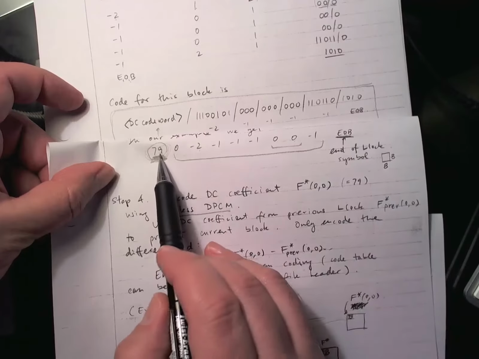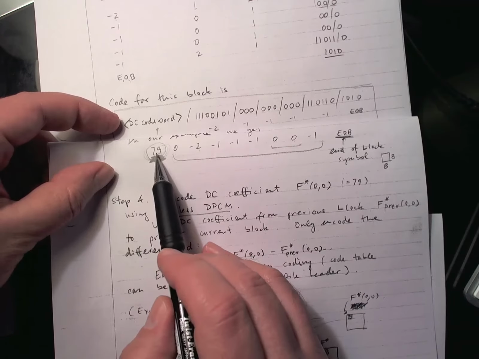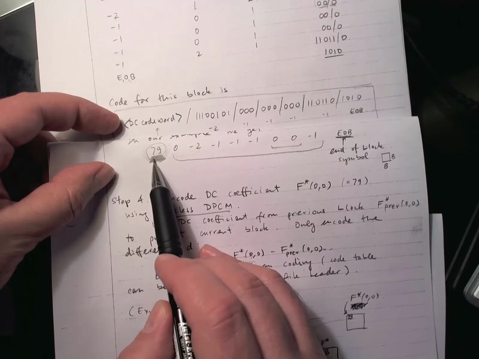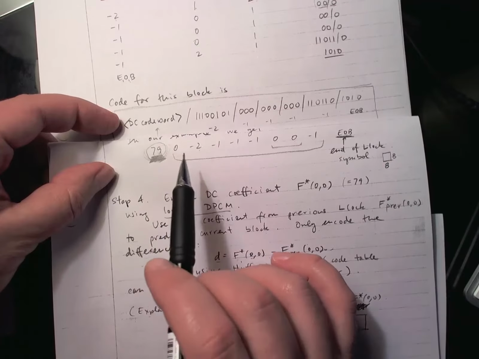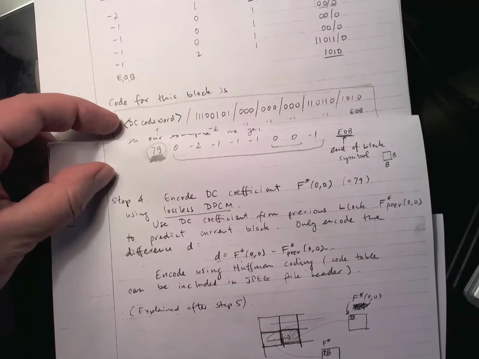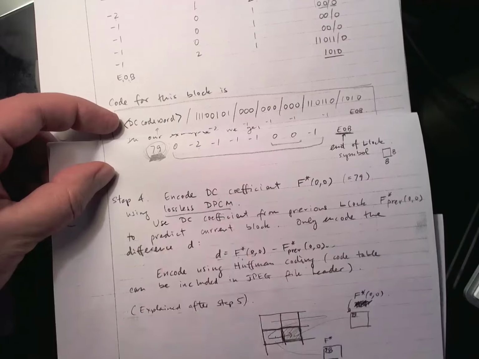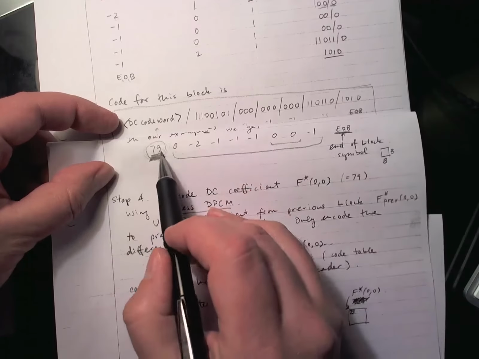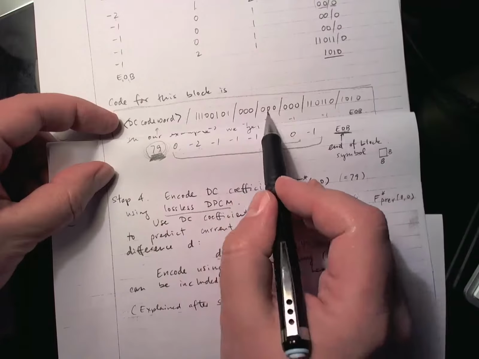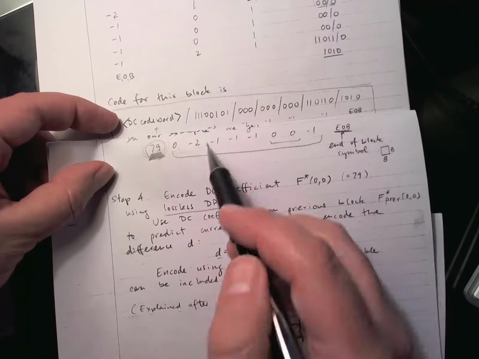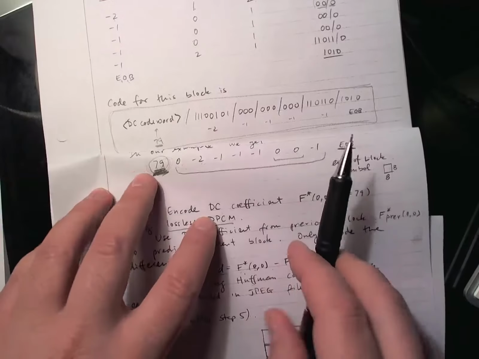And for each one, I'm going to use a very messy coding scheme that's based on the Huffman coding. I don't expect you to memorize this particular kind of coding, only to understand Huffman coding and how to make your own. But here it's a messy coding scheme. What we're going to do is take each number here and represent it with a series of bits. You see, I'm putting a slash here so that we can tell which one is which. But here's my 79, and so on.